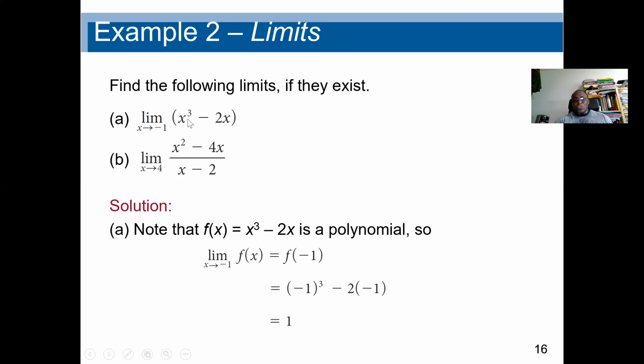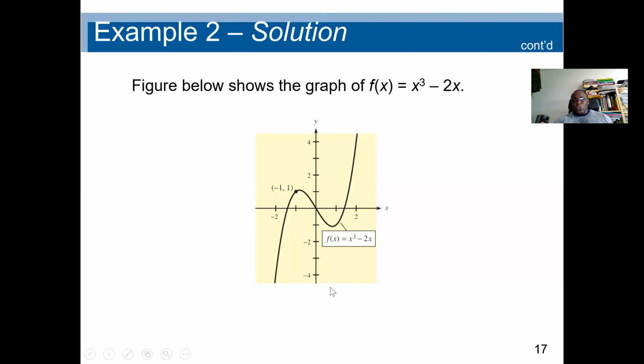For example, x is common, so I take x out and get x squared minus 2. When you substitute -1 for x, x squared minus 2 gives 1 minus 2, which is -1, and 1 multiplied by -1, we still get the same answer. So this is the function for it, and we can see that the limit exists.